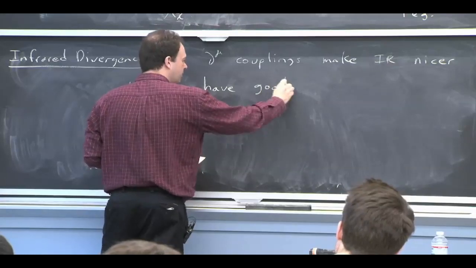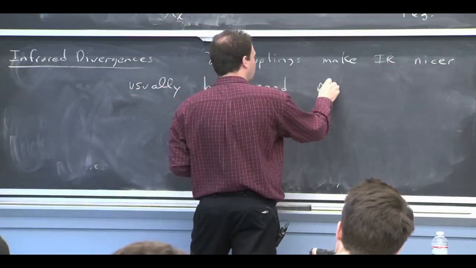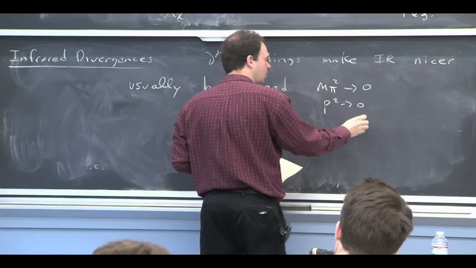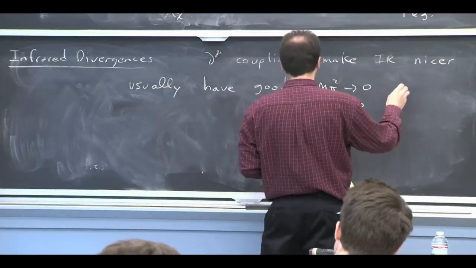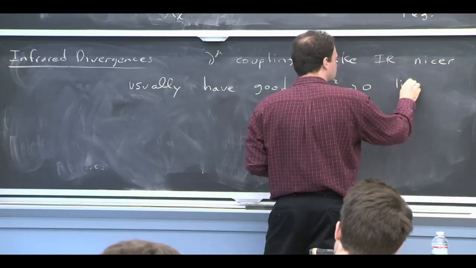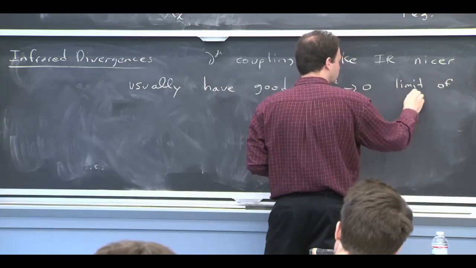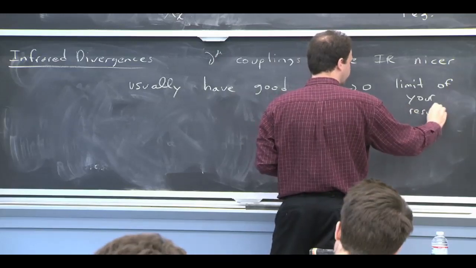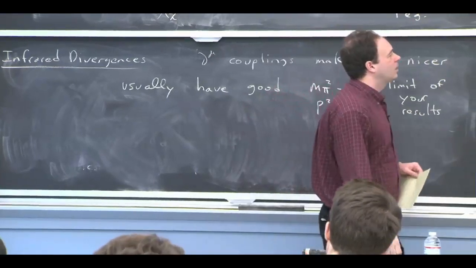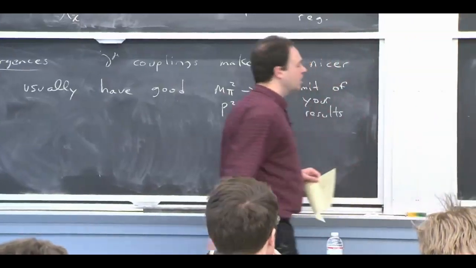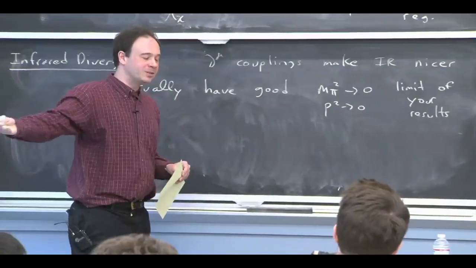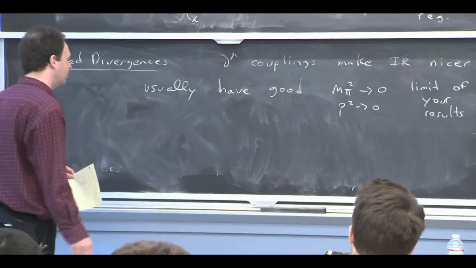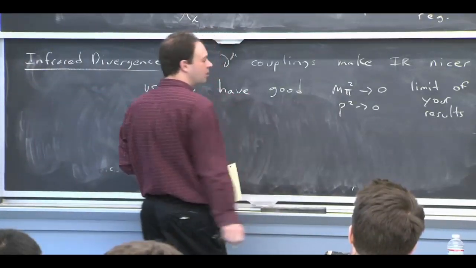One way of describing that is that you usually have a good m pi squared goes to 0 or p squared goes to 0 limit of your results. So you can just explicitly take these limits and talk about the results in those limits. If we look back at what we were talking about, you get p to the fourth log p squared. So there's a p to the fourth multiplying the log p squared. So you're not seeing log p squared blow up because it's got so many powers of p multiplying it.